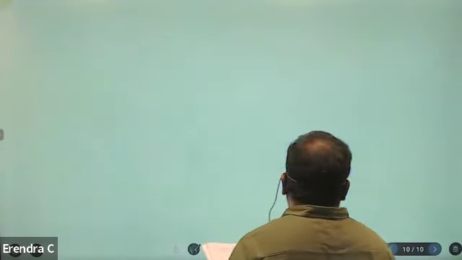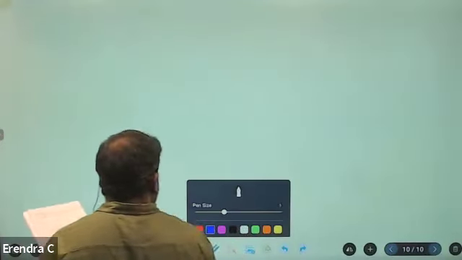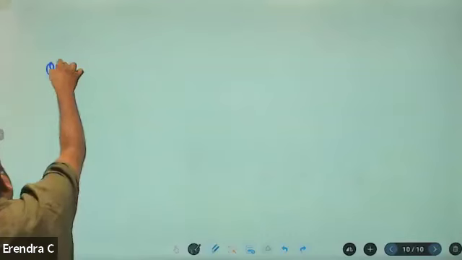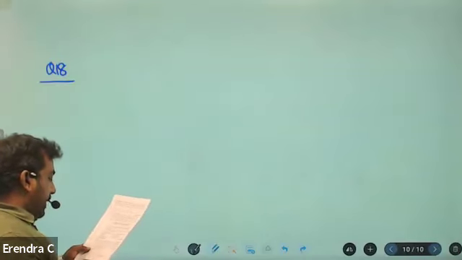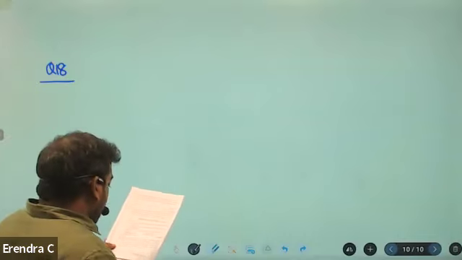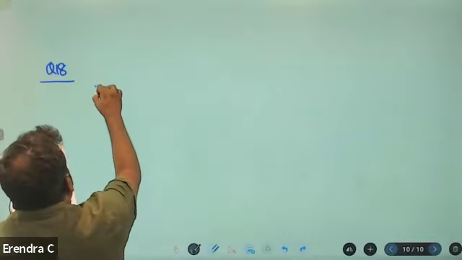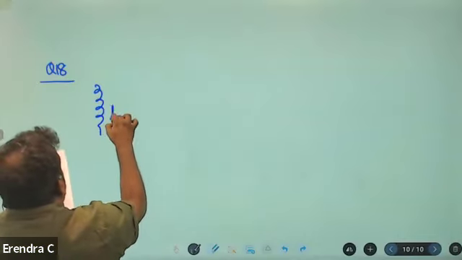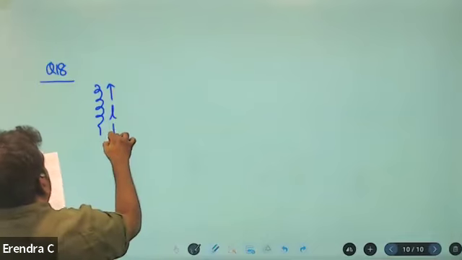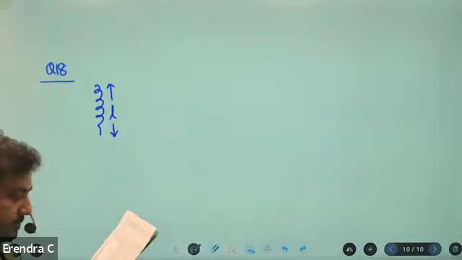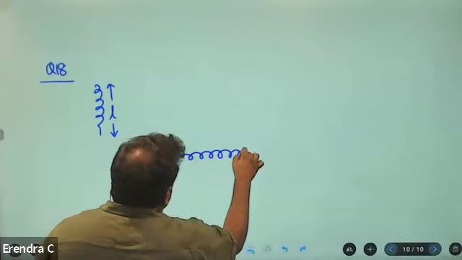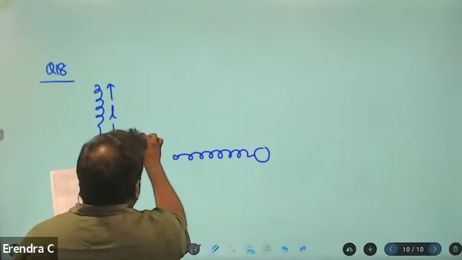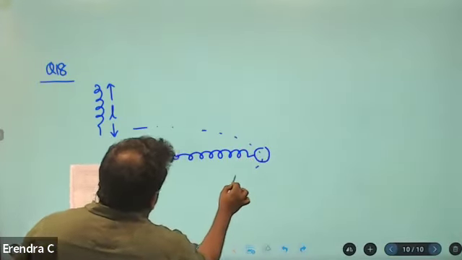Right, question number 18. A light spiral spring has an unstretched length L. So here, once it's going in a circle, it's going to be stretched.